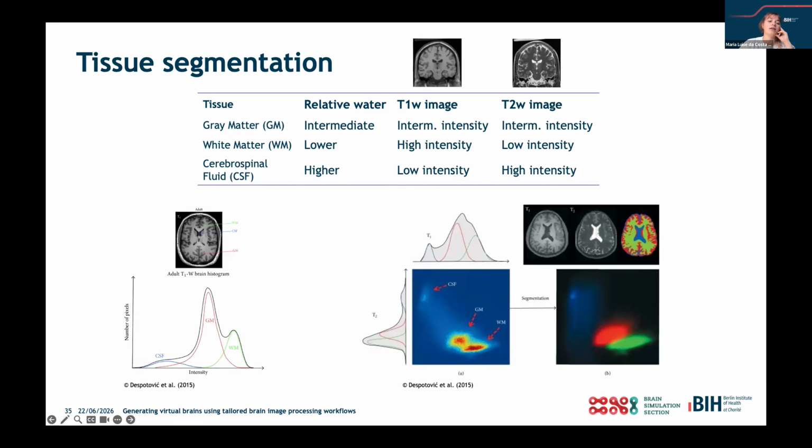If we now plot the intensity histograms next to each other, with the T1, for example, on the x-axis and the T2 on the y-axis, we can easily differentiate the different tissue types. Here you see how you can, using a segmentation algorithm, segment CSF from gray matter and white matter, and this is also visualized here on top.